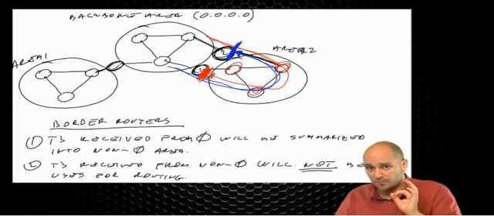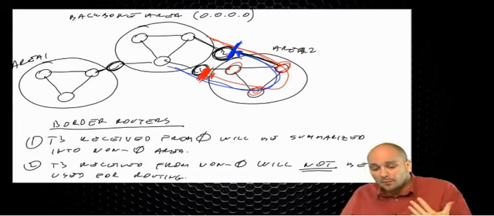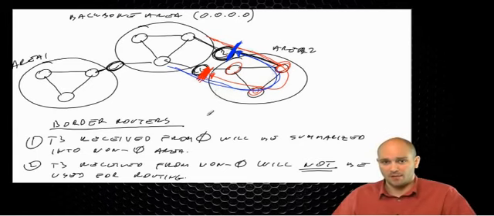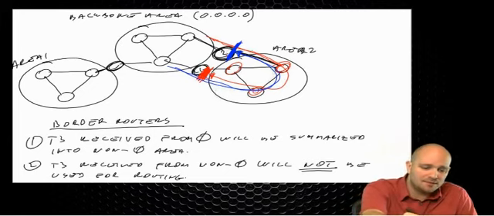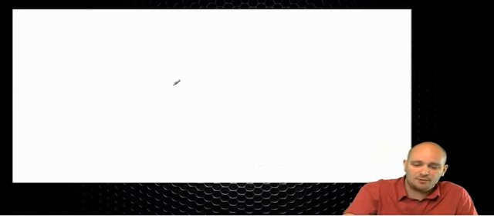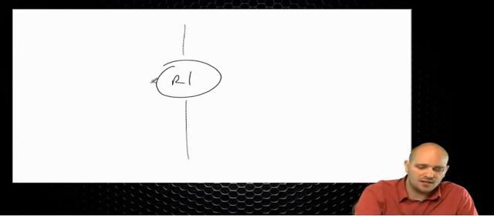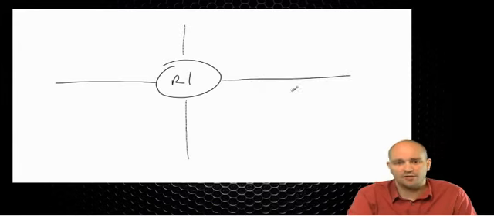This is very, very important because there will be situations where some router appears to be an ABR, but actually is not an ABR. So let me give you that example. Let's say that we have a router, R1, that sits between two areas. The number of interfaces or neighborships in these areas is relevant.